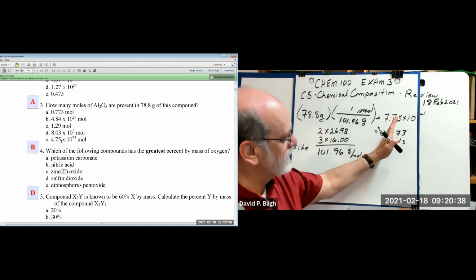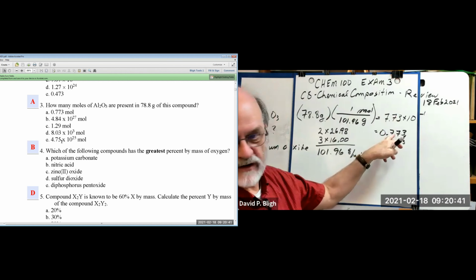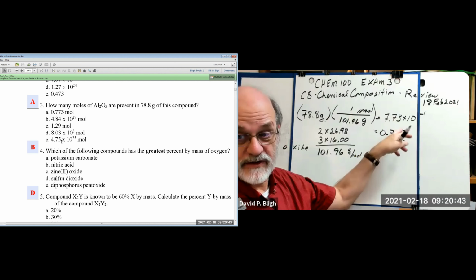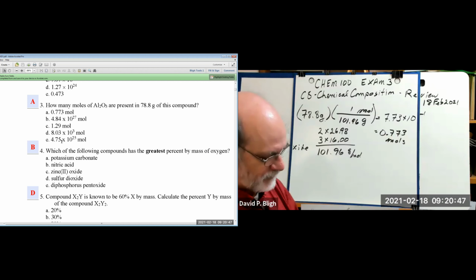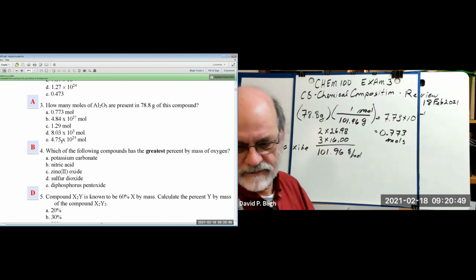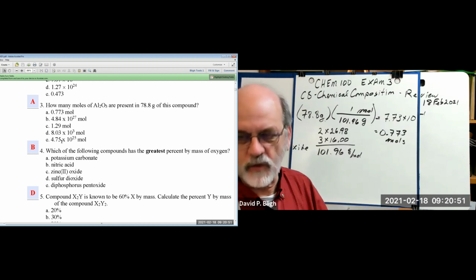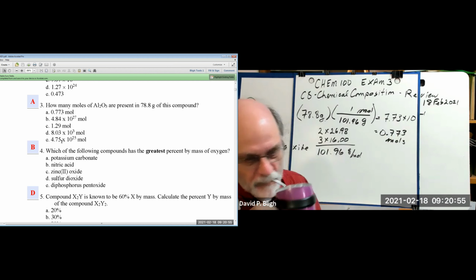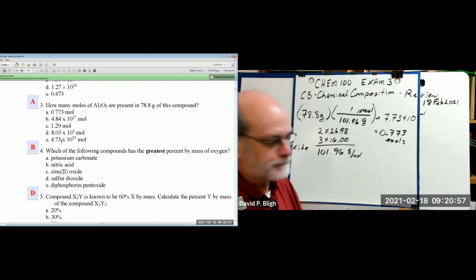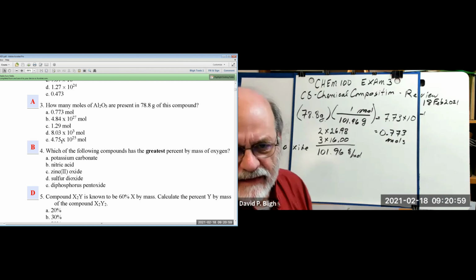And if you put the period at the end of a sentence and start your new sentence with that, you think you've got 773 and not 0.773. So that's one of my peeves, is that 0 in front of the decimal. Okay, and that turns out to be A.